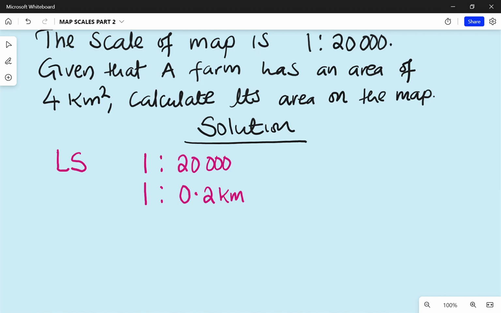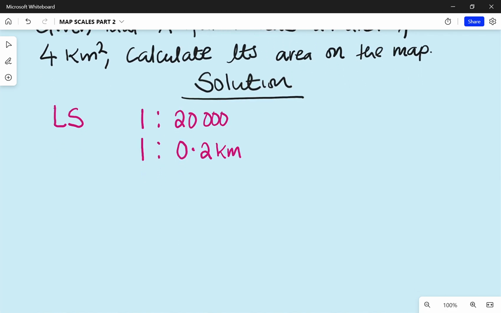Now from here I need to get an area scale. To get an area scale, I just have to square these. So 1 times 1 is 1 centimeter squared, which is equivalent to 0.2 squared, which is 0.04 kilometer squared. This is going to be my area scale.